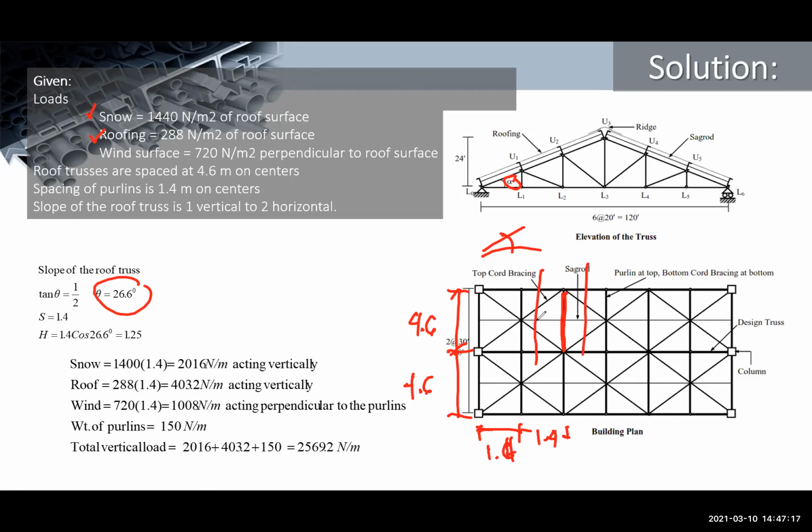We analyze only one purlin, not all of them. If this is 1.4, this side is 0.7 and this side is 0.7. So, the tributary width of a single purlin is 1.4.